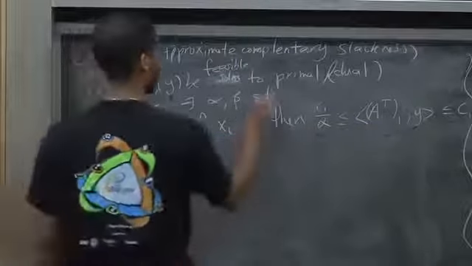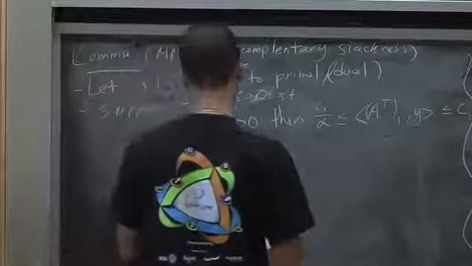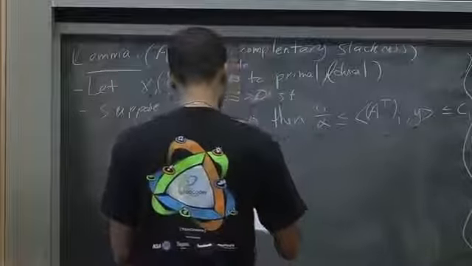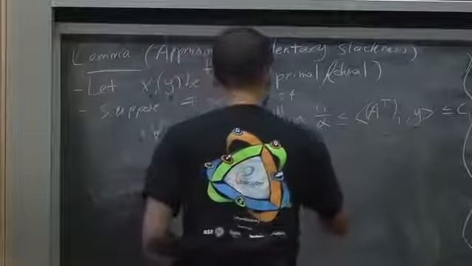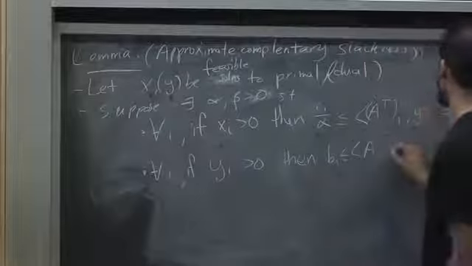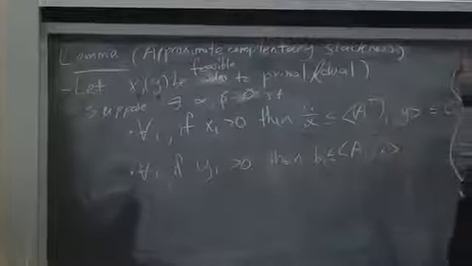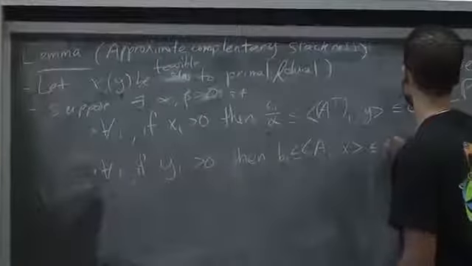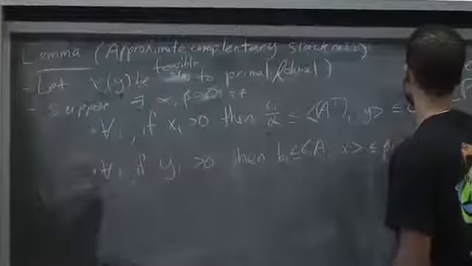And also for all i, if yi is bigger than 0, then not only is ai.x bigger than or equal to bi, but it's also at most beta times bi.